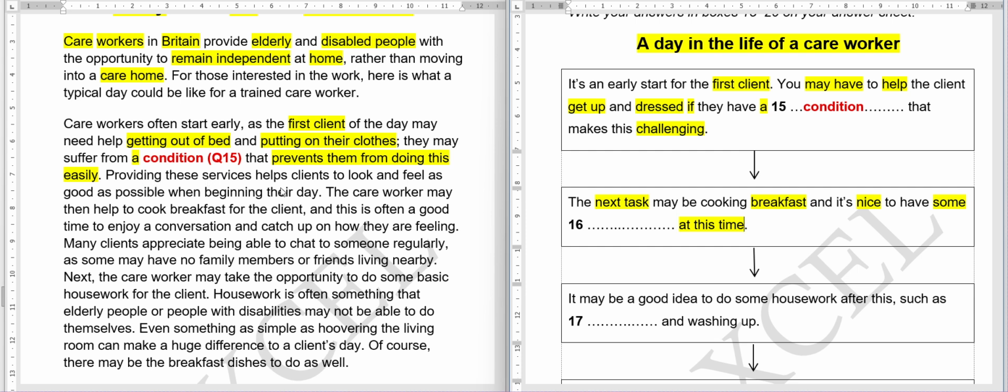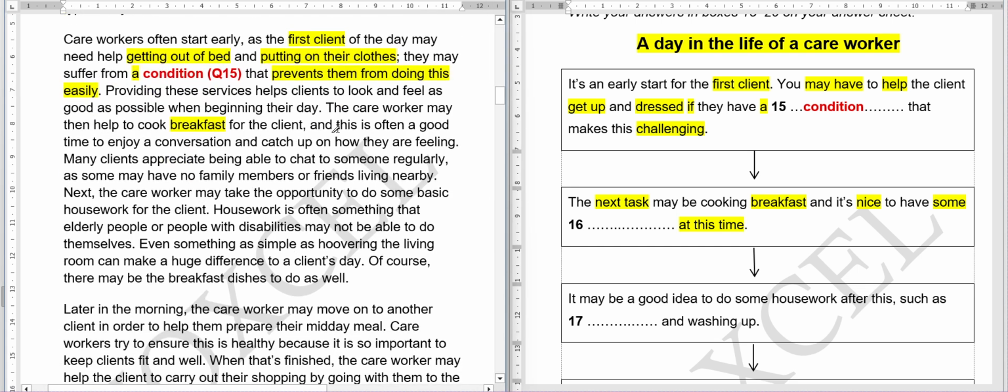Providing these services helps clients to look and feel as good as possible when beginning their day. The care worker may then help to cook breakfast. Here is our location for the client, and this is often a good time to enjoy a conversation and catch up on how they are feeling. Many clients appreciate being able to chat to someone regularly, as some may have no family members or friends living nearby.